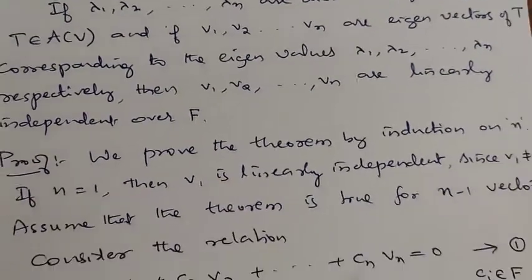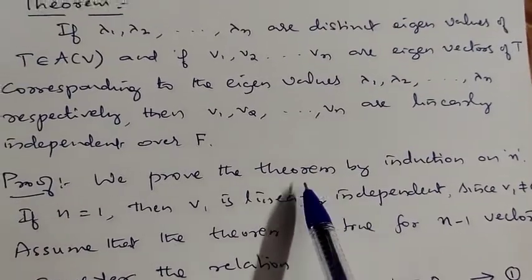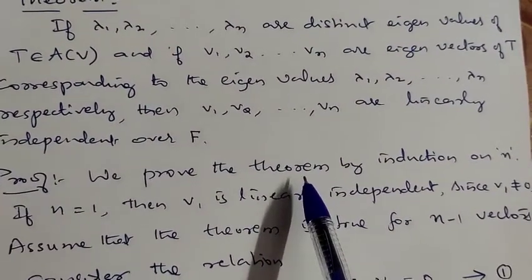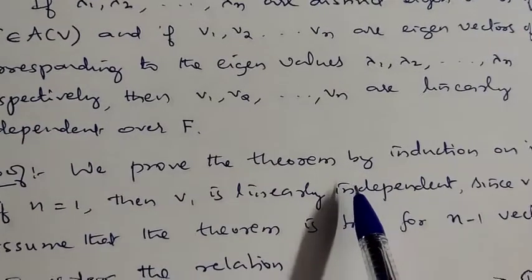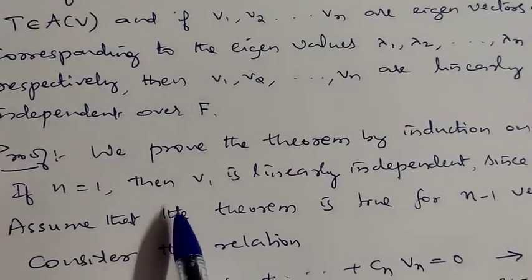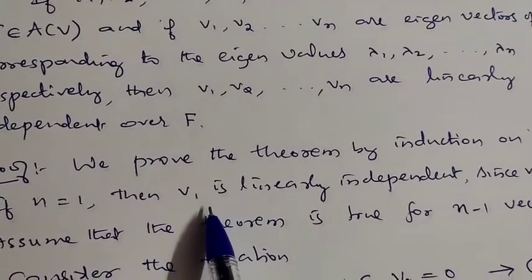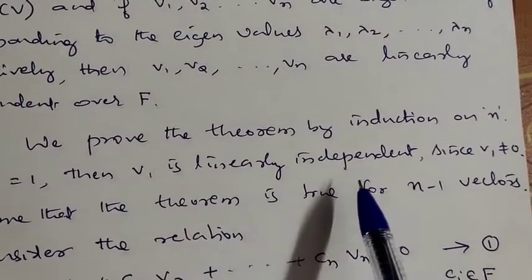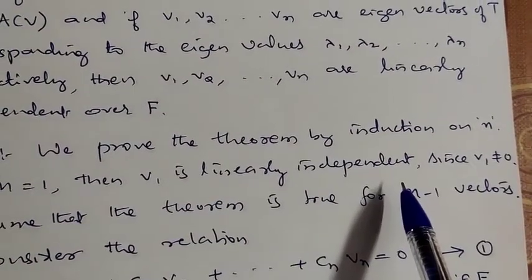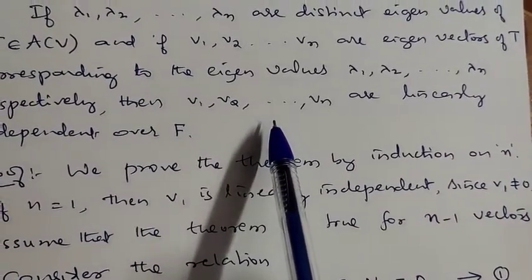So let us prove this by the method of induction. Suppose the dimension of the vector space is n. If you want to prove this by induction, suppose n is equal to 1. If n is equal to 1, then we have only one vector, say v1, and any non-zero vector v1 is definitely linearly independent, and so the theorem is proved.